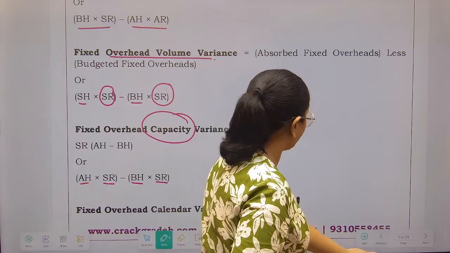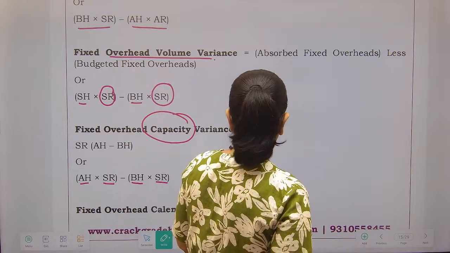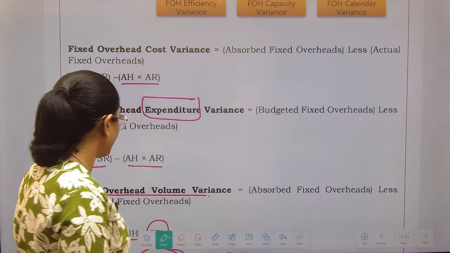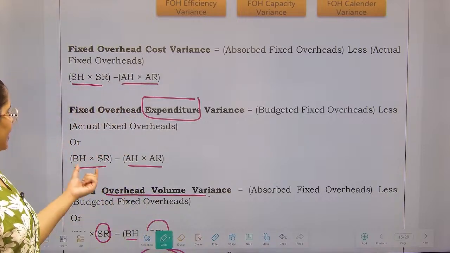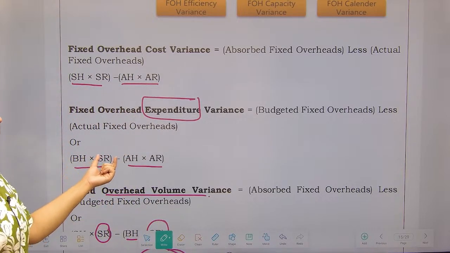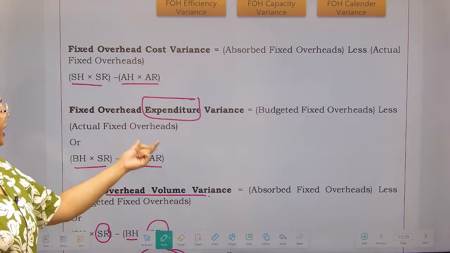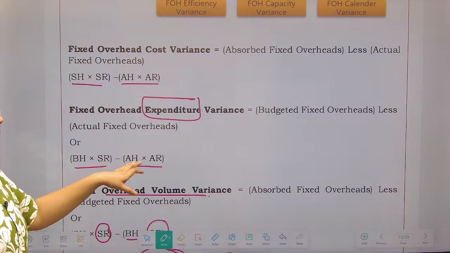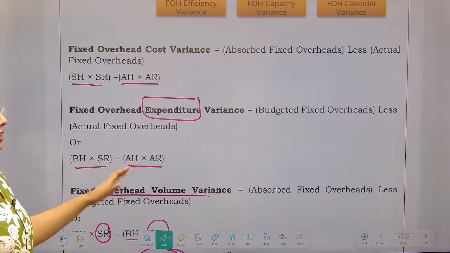Let's go back, otherwise you won't be able to relate it. See this. यहाँ पे मुझे क्या चाहिए? Budgeted hours multiplied by standard rate, actual hours, actual rate. This is my expenditure variance where I would like to compare the rates, ठीक है, as well as my hours.